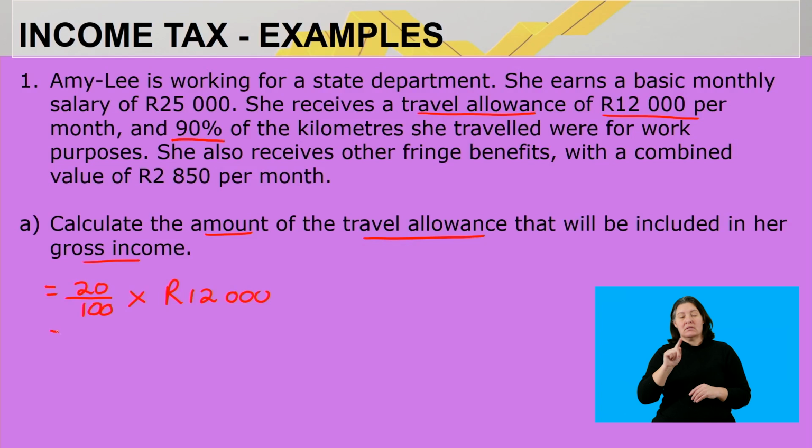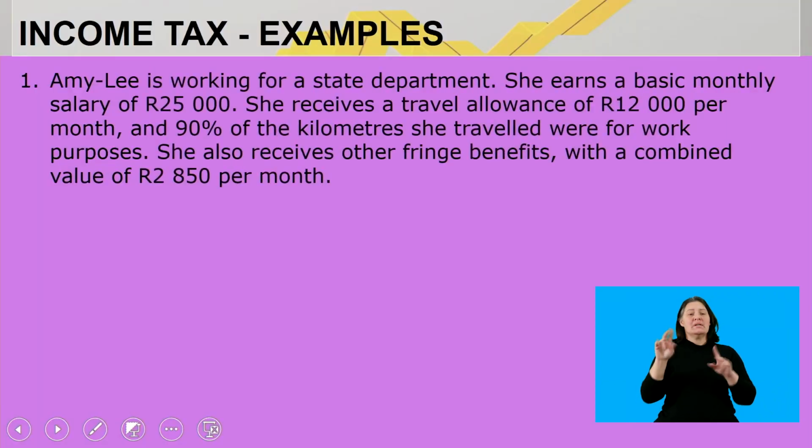So this will give us 2,400 Rand. So this 2,400 Rand is the travel allowance that will be included in a gross income. Guys, I hope we are clear. Remember, 80% versus 20%. Okay, let us look at our next question. Remember, it's still the same scenario.